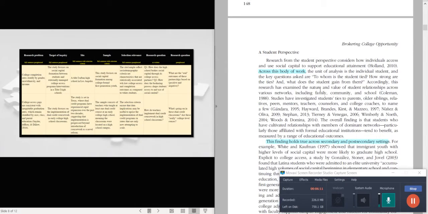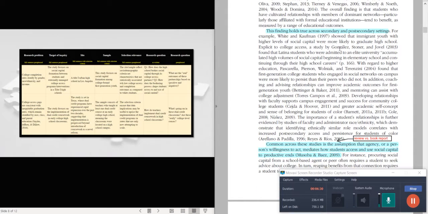You'll see other things in our literature review, like sentence structures that say across this body of work. Again, we tend to try, at least in this article, to use topic sentences that clue the reader in on what's coming next. And you'll see across this body of work, this finding holds true across secondary and post-secondary settings.